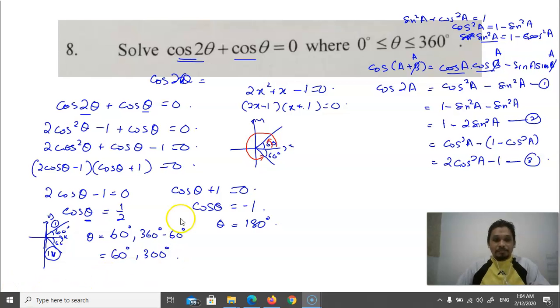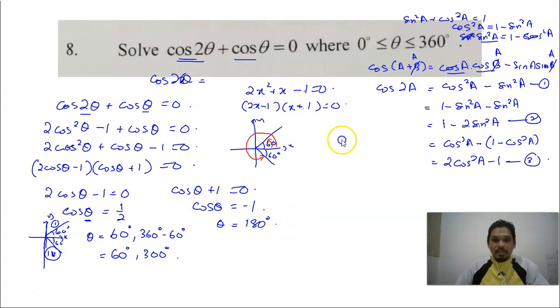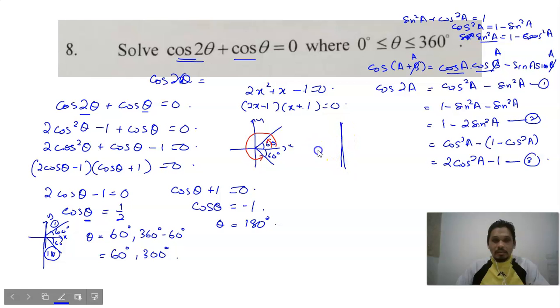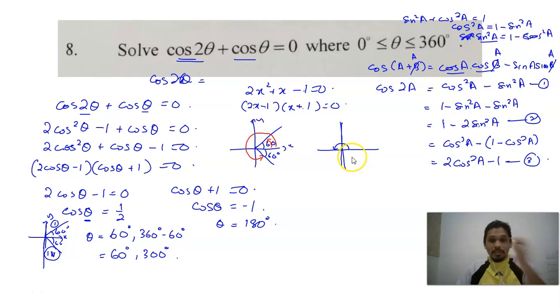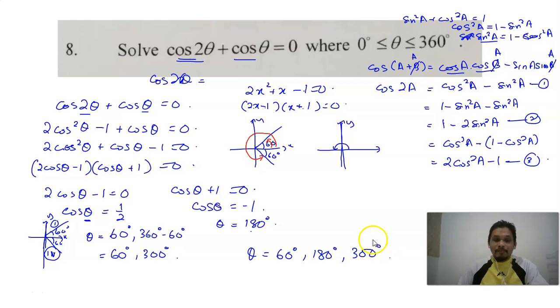And now for this one here, where is 180 degrees? 180 degrees is half of the full cycle of the angle here. So the values of theta for this question are 60 degrees, 180 degrees, and 300 degrees.